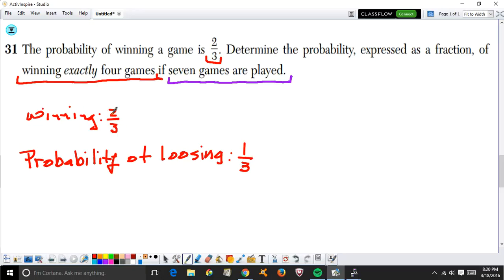So if winning is 2/3, then the probability of losing is 1/3.